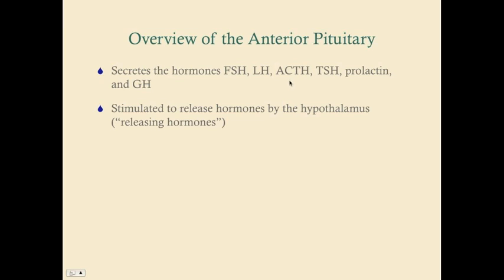For ACTH, it's corticotropin releasing hormone. For TSH, it's thyrotropin releasing hormone. For prolactin, it's actually an inhibitory effect. It's dopamine working against the secretion. And then for GH, it's growth hormone releasing hormone.